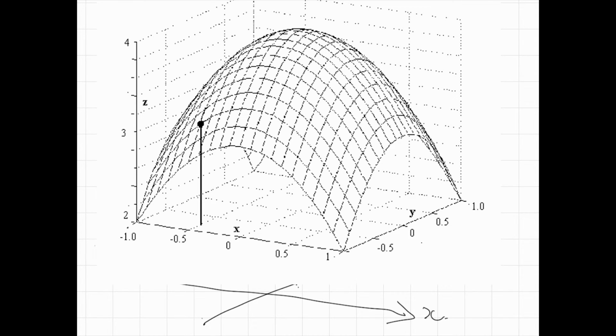I'll have to do that over the top of that. So there's my y, and my z would be straight up, and there's my z. So we've got x, y, and I'm trying to go through that 0, that's 0, so I try to get through that point there. But anyway, you can see what's going on.